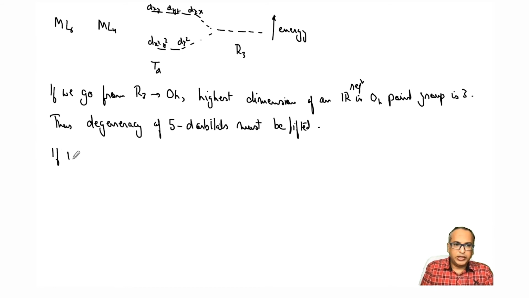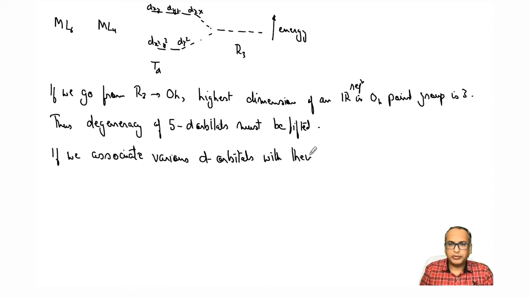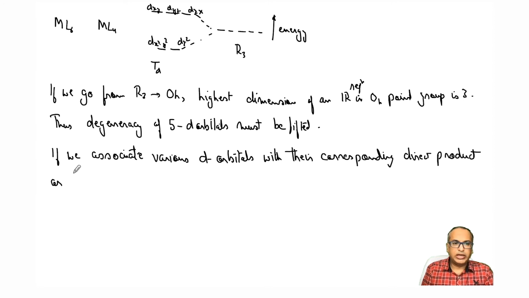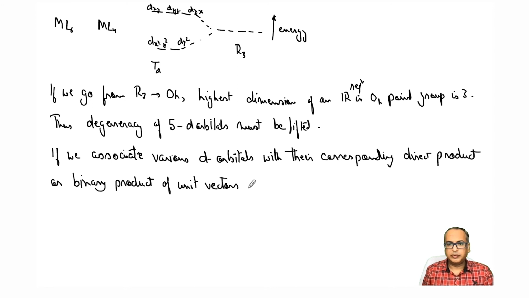So if we associate various d orbitals with their corresponding direct product, or we can say binary product, both are the same thing, of unit vector basis, and we have to do this in the OH character table.